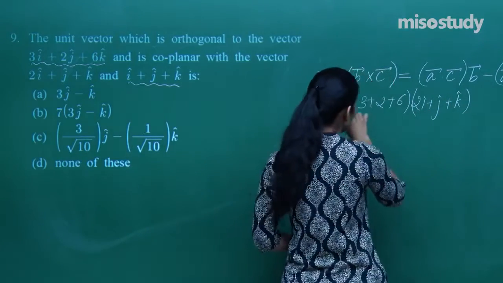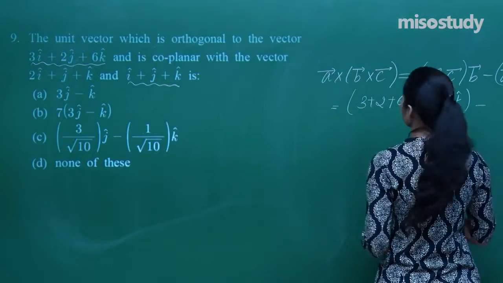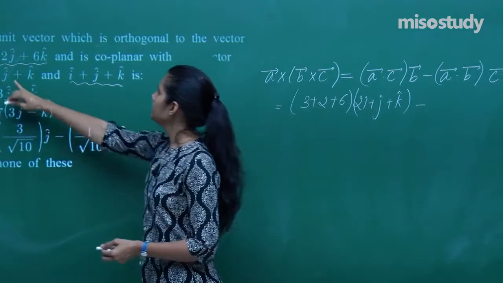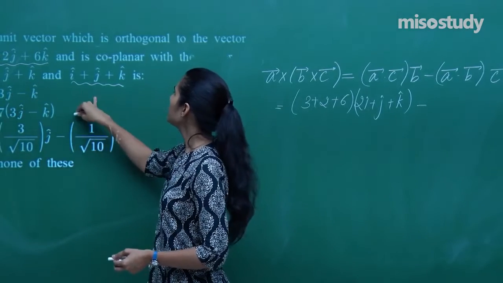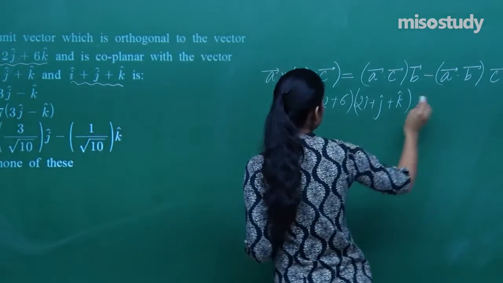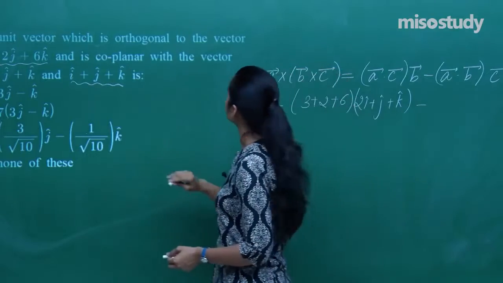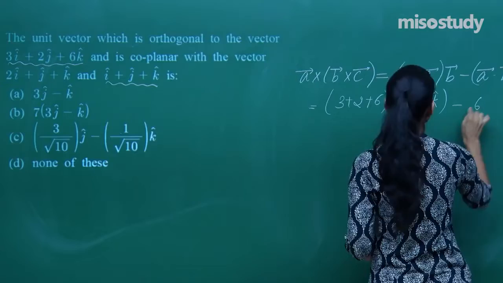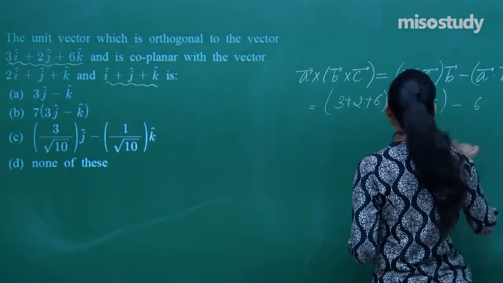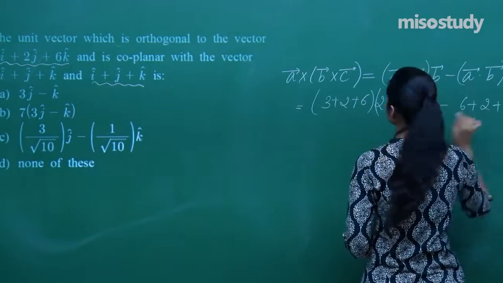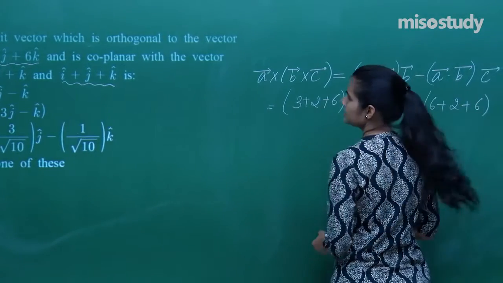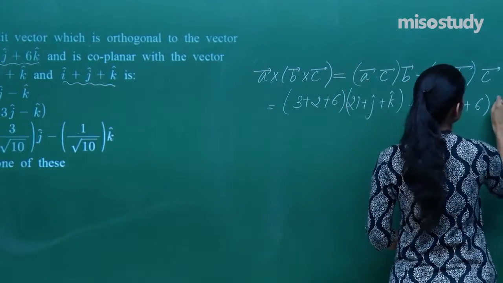Fine. Minus A dot B: 3 into 2 is 6, plus 2 into 1 is 2, plus 6 into 1 is 6, times C vector i cap plus j cap plus k cap.